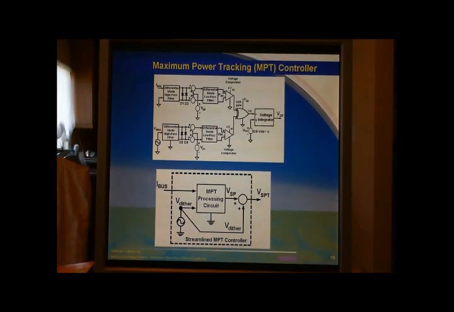Fundamentally, the maximum power tracking processing circuit processes two quantities. One quantity relates to the power signal and the other quantity relates to the sourcing voltage signal.